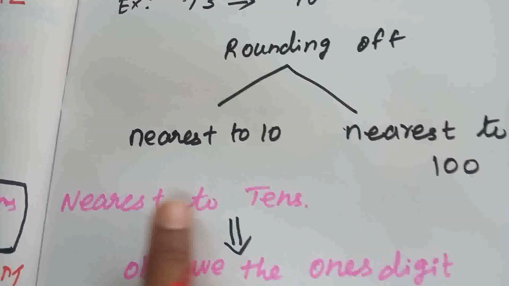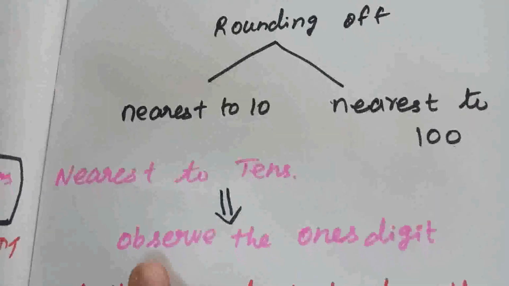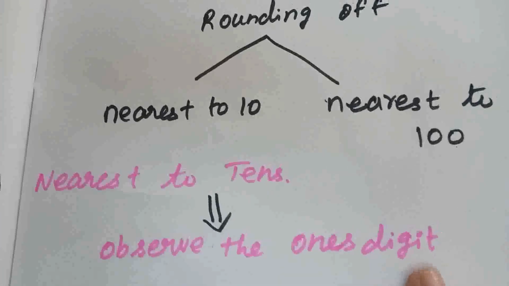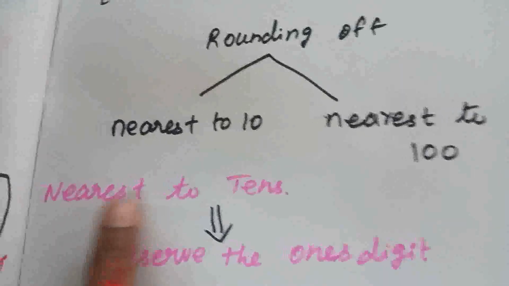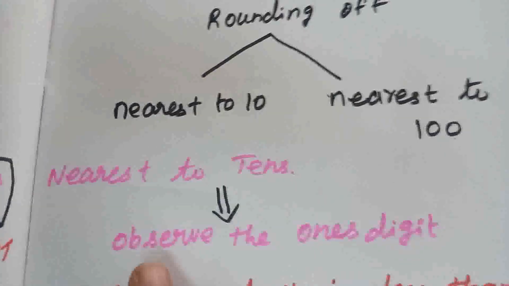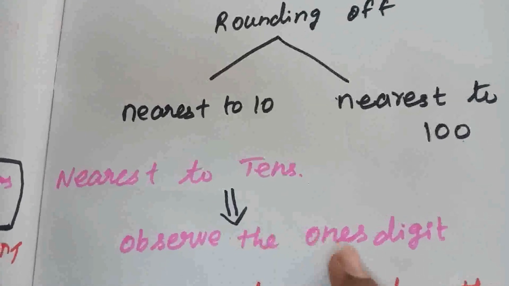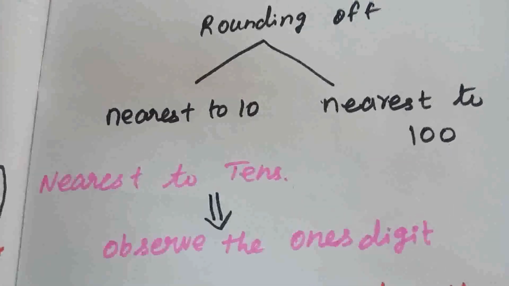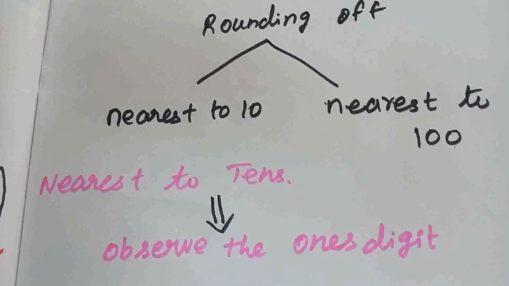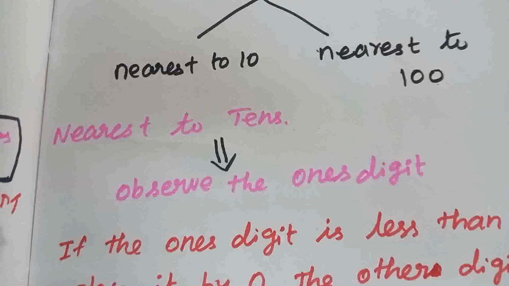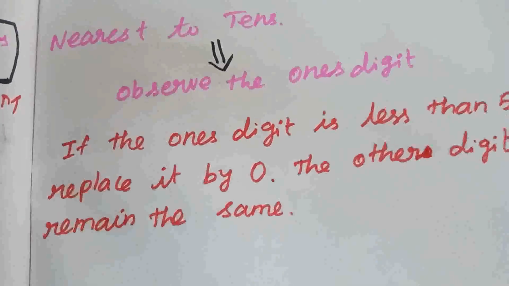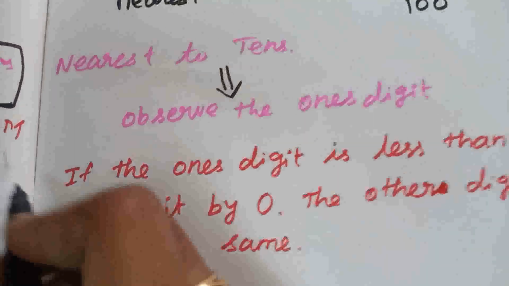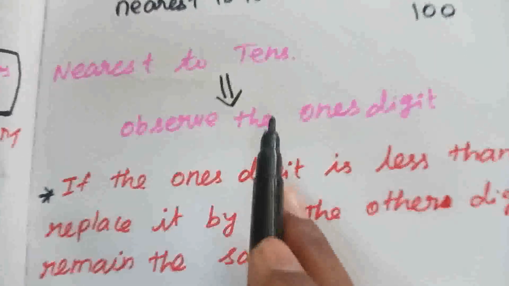If you find the nearest to tens, you should observe the ones digit, I mean the ones place number. You should see only the ones digit. Okay. So see, this is the first rule for nearest to tens.